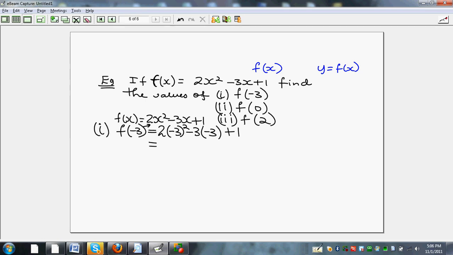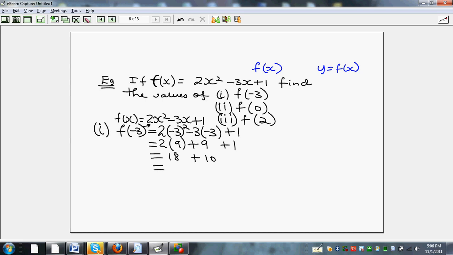Then we work that out. This will be 2 minus 3 squared is 9. Minus 3 by minus 3 is positive 9 plus 1. So this becomes 18 plus 10. 9 and 1 is 10.